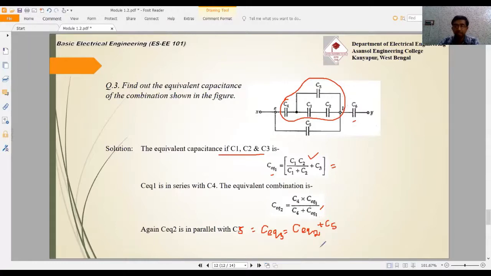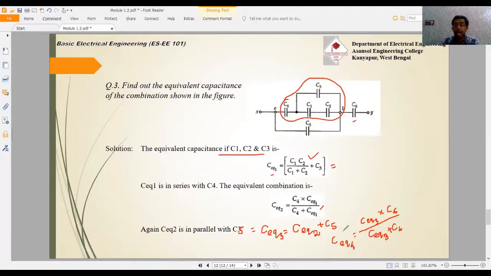So C equivalent 4 will be C equivalent 3 into C6 divided by C equivalent 3 plus C6.